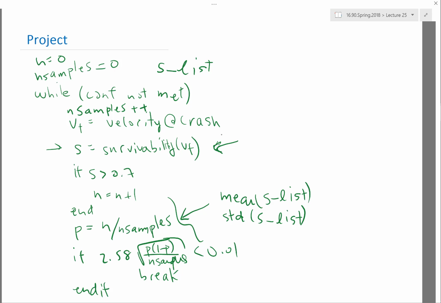If you keep the 0s and 1s, that standard deviation is going to be higher than if you kept the actual values, which means you're going to break sooner.